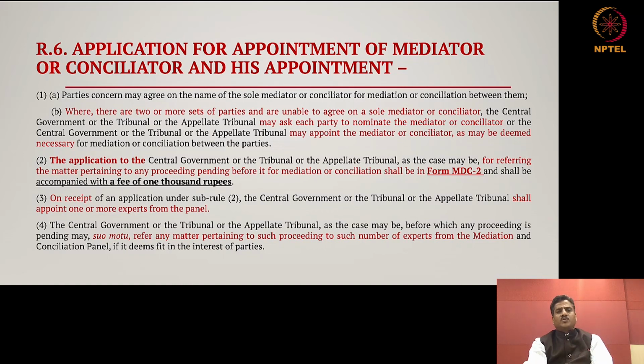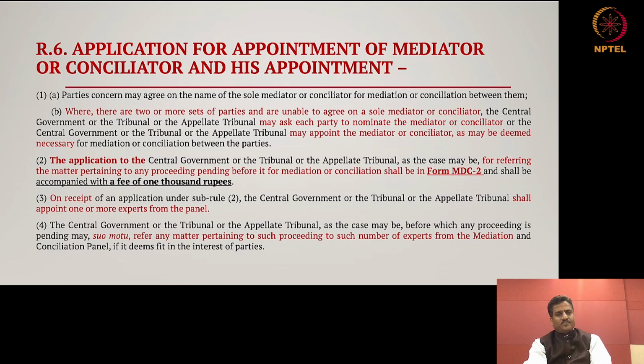Where there are two or more sets of parties and they are unable to agree on a sole mediator or conciliator, then the central government or tribunal or appellate tribunal may ask each party to nominate the mediator or conciliator, or may appoint the mediator or conciliator as may be deemed necessary for mediation or conciliation between the parties.